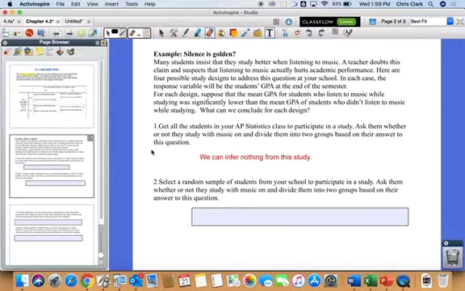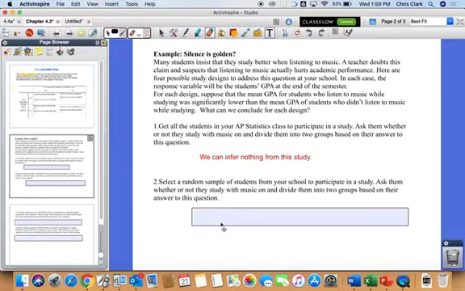Okay. So number 2, select a random sample of students from your school to participate in the study. Saw the word random, that's great. Ask them whether or not they study with music on and divide them into the 2 groups based off of the answer to this question. So, did we randomly select from the population? Yes. Did we randomly assign to 2 groups?